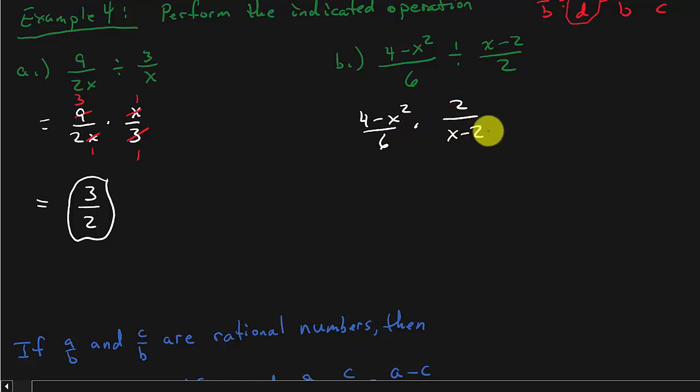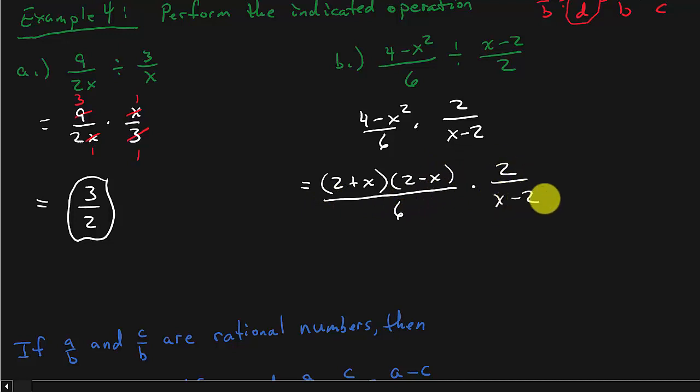All right, so we change it to multiplication, and now we factor everything. So that's going to be 2 plus x times 2 minus x over 6 times 2 over x minus 2. This is the difference of two squares, this numerator right here. So now the 2 and the 6 cancel. I'm left with 3 and 1.